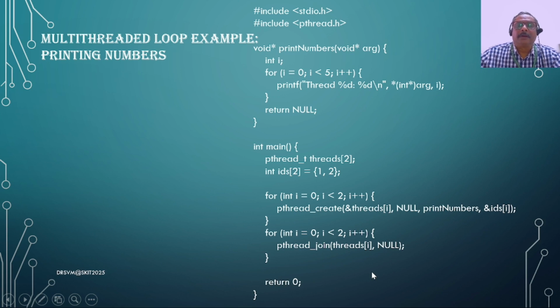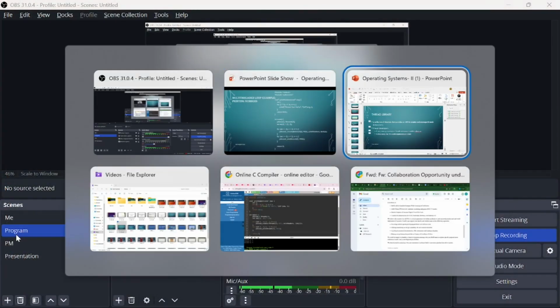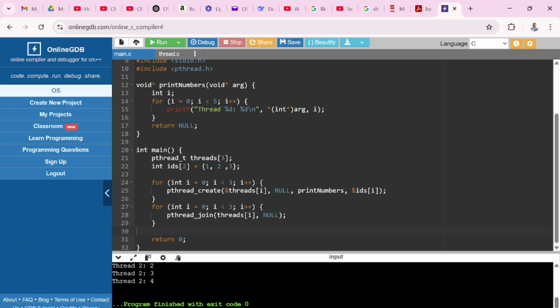So if we run this, this code makes two threads, and if we run this, it says thread 2 started working, because the operating system gave a chance for thread 2 to start.